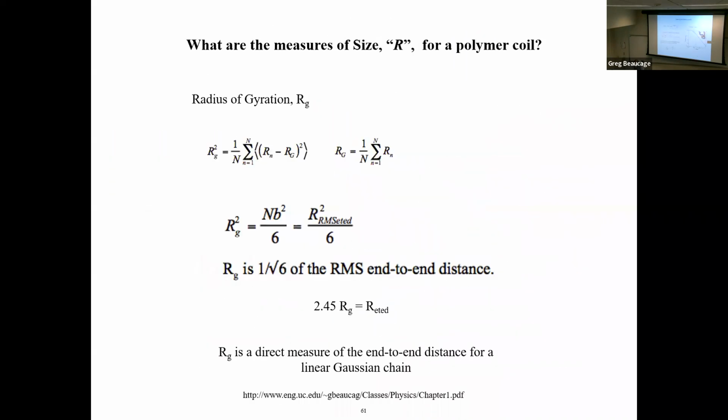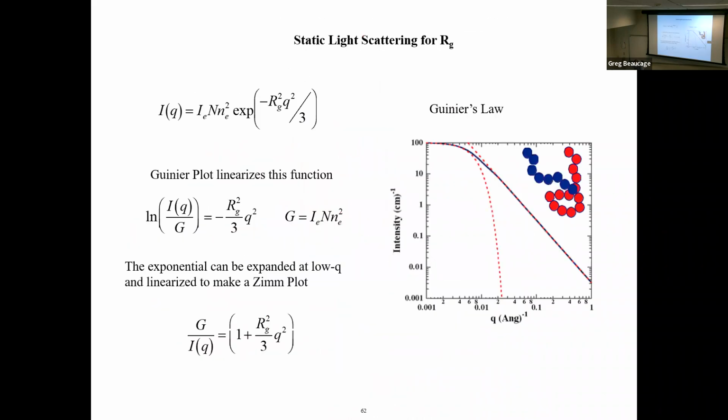Anyway, the way to measure this is with scattering. This is a sketch of what a neutron scattering measurement would look like and what the data would look like. That's the intensity that you measure. Like in a diffraction measurement, you pick up the intensity, and this is the reduced angle, right? So this is Q equals 4 pi over lambda sine theta, where theta is the angle divided by 2.